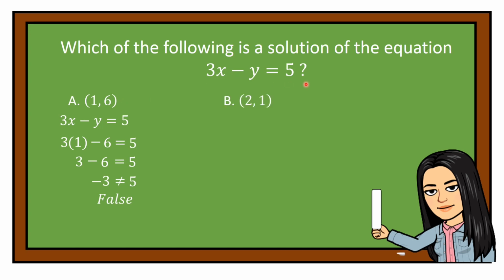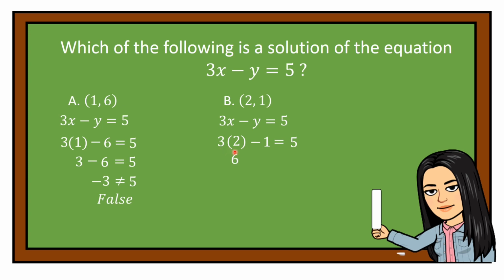Let us now try (2, 1). So, substitute 2 for x and then substitute 1 for y. So copy 3, x will be replaced by 2, then copy the operation, which is subtraction, y will be replaced by 1, copy equals 5.